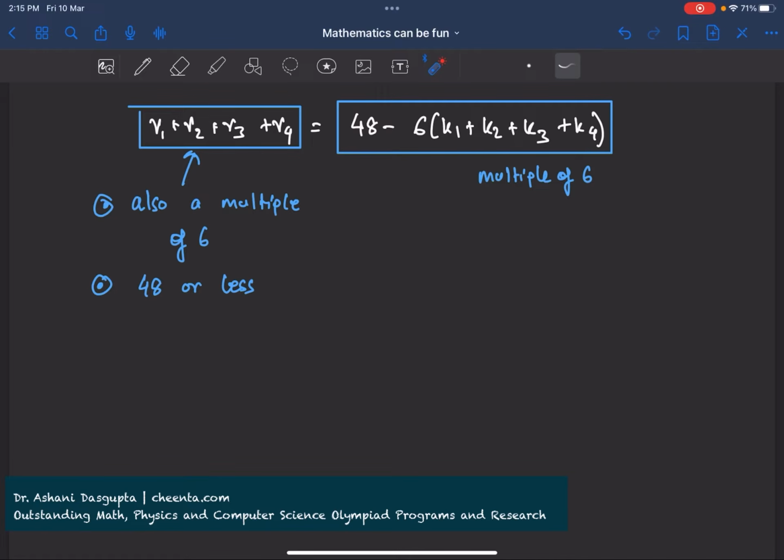In fact, we can say more about the left hand side. What are the possible remainders? The possible remainders are 0, 1, 2, 3, 4, 5, right? If you divide any number by 6, the possible remainders are these 6 numbers. Remember, all of them need to be distinct.